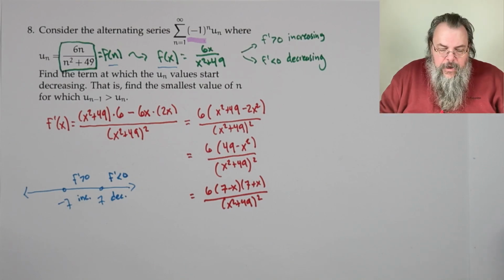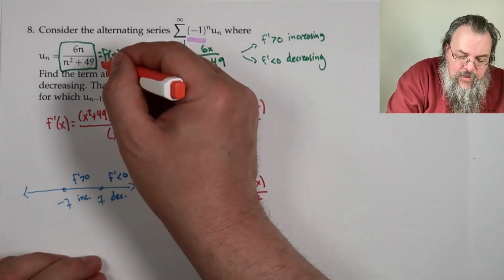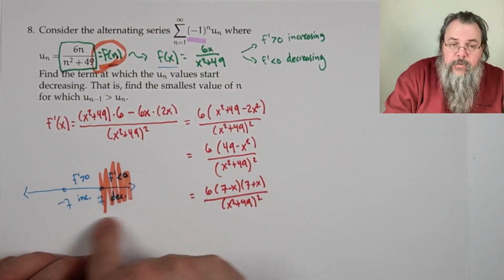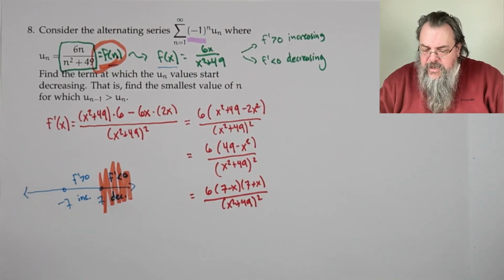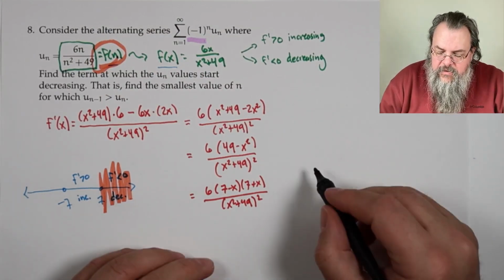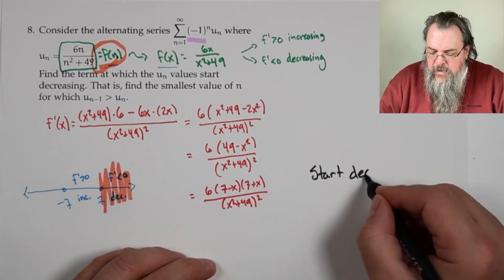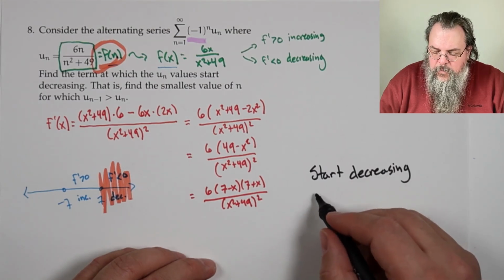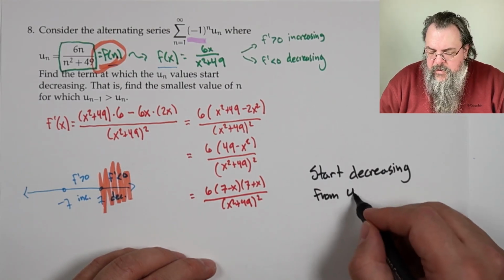And so now we know that with this f of n, we are going to be fine as long as we're in this region. So our punchline is we start decreasing from the 7th term, so u7.